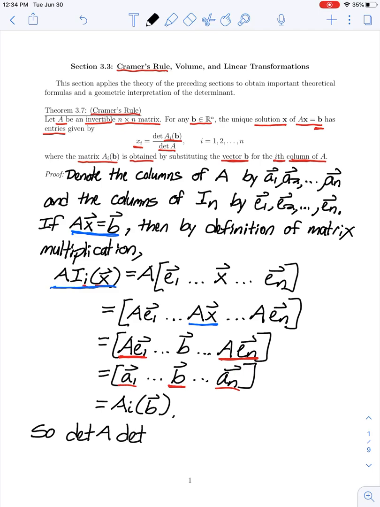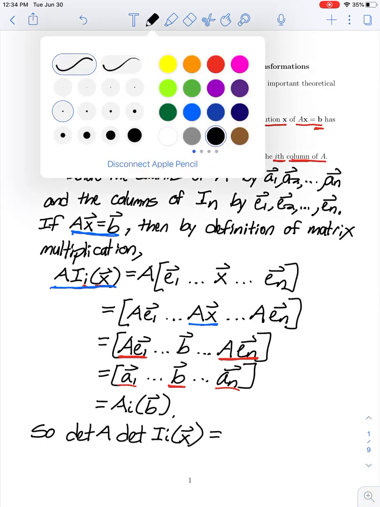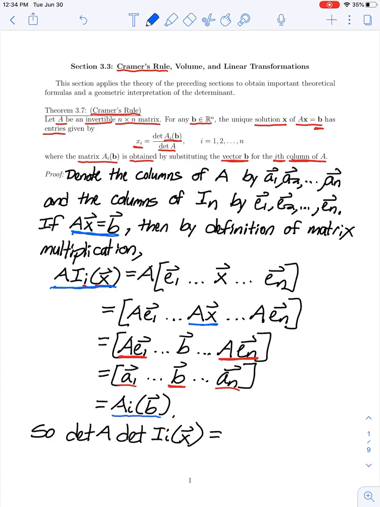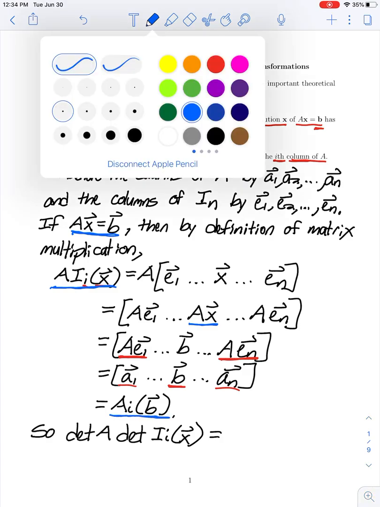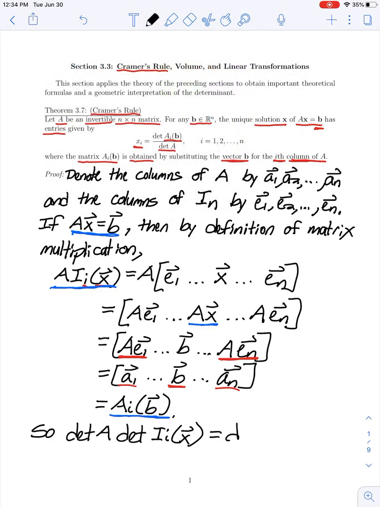That is the determinant of A times the determinant of capital I sub i of x. And that has to equal the determinant of the matrix which we had on this right-hand side. So that is the determinant of A sub i of b.